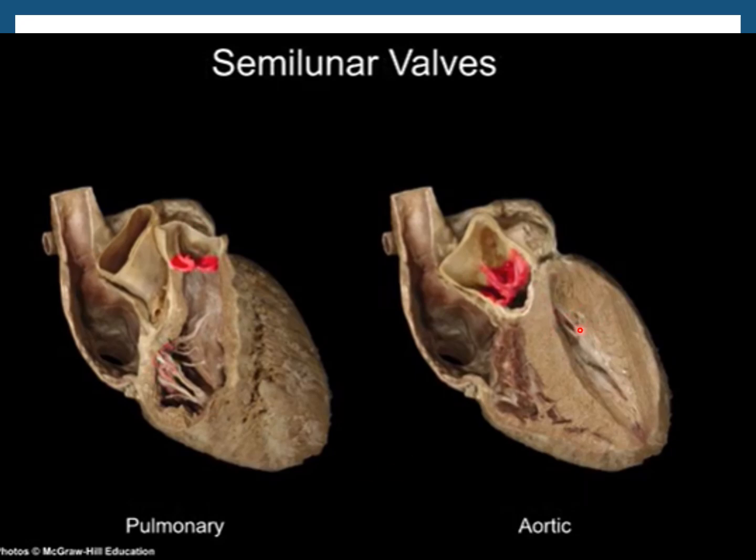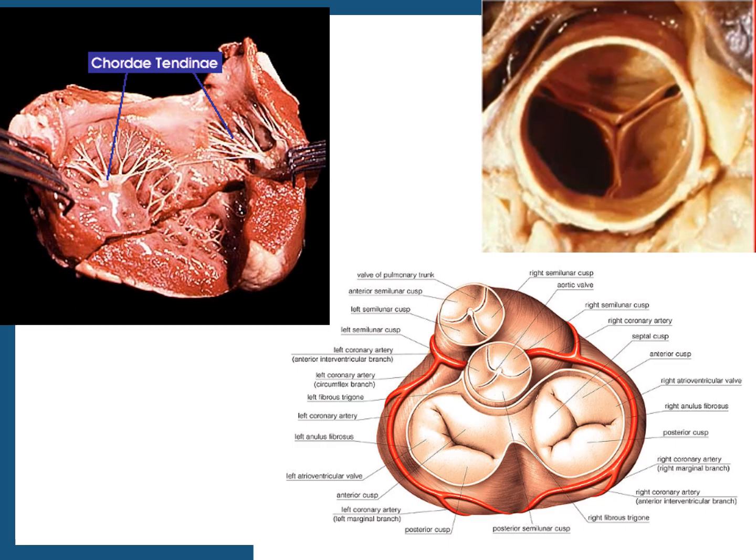And here you have blood that will go from the left ventricle up through those aortic semilunar valves into the aorta. And this is the same thing I showed you earlier, but you can see that the mitral valve and the tricuspid valve have those chordae tendineae attached. And then you can see the 2 valves versus the 3 valves there.